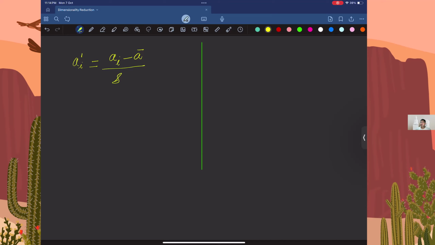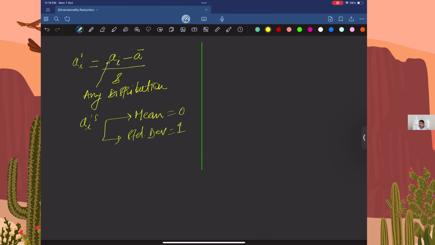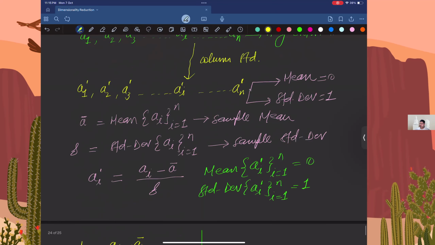And this A_i can come from any distribution. And the mean is equal to 0 and my standard deviation is equal to 1. This is the case that we are seeing right now here.